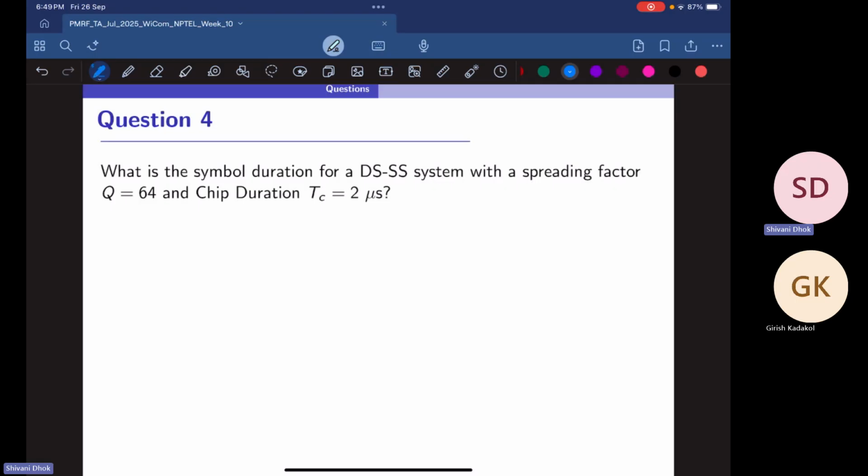So what is given to us is the spreading factor and chip duration.